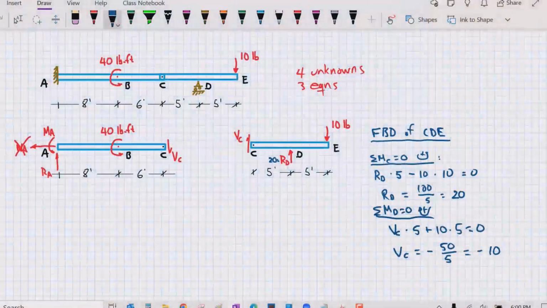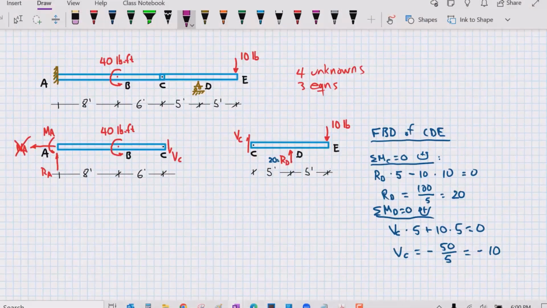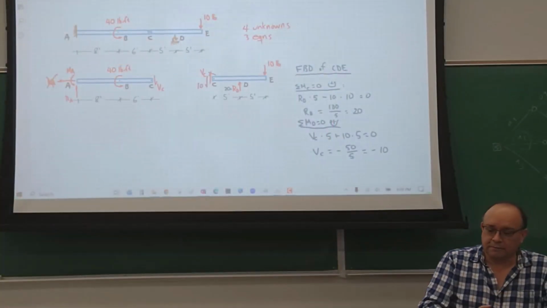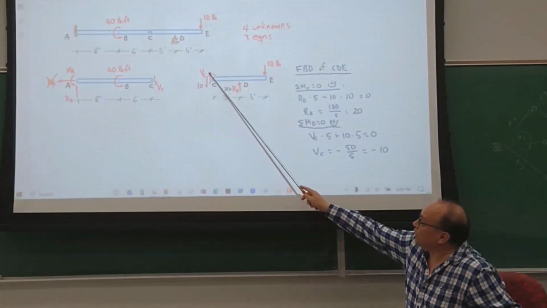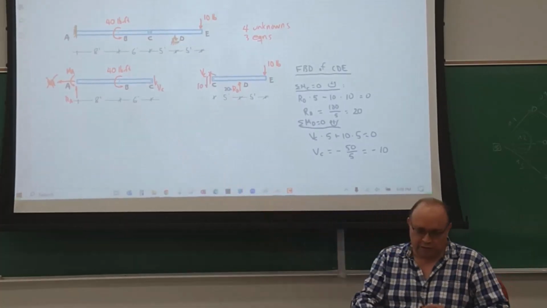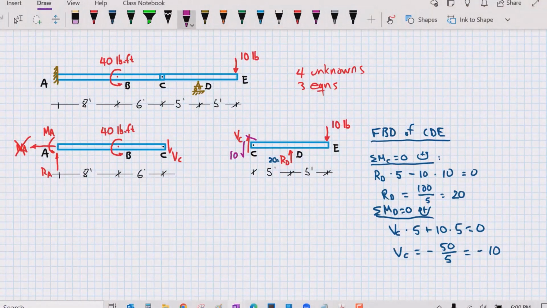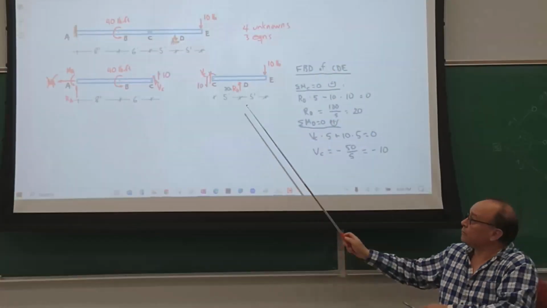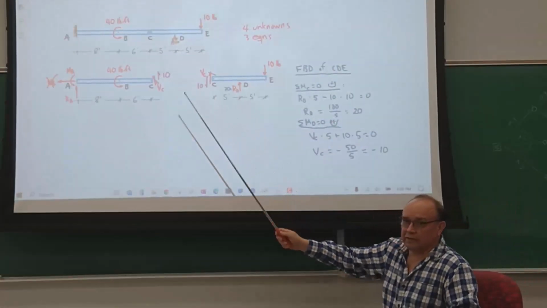So you put a little note here, better if you put it in another color, so you say, no, this is not like this, this is like this, and it's 10, right? And then we put it directly here, because we are going in that direction, so we need to correct it here also, so this is not like this, this is like this, 10, right? Action reaction, all right?